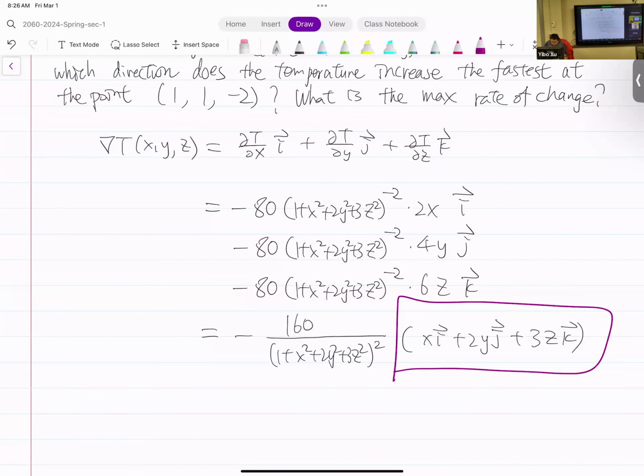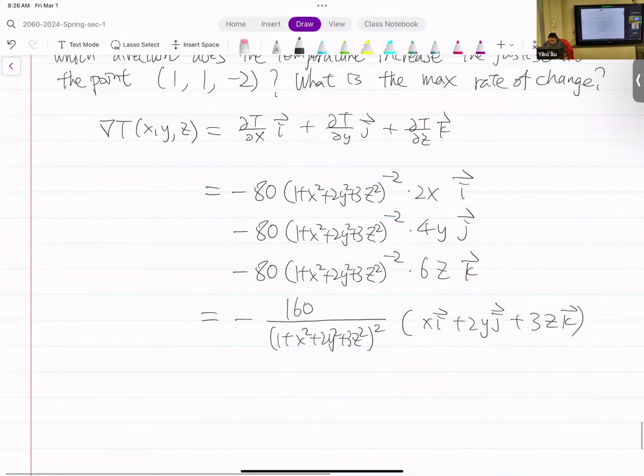But you also need to be careful. Here we have a negative scalar in the front, so you definitely want to consider both of these. So let's just plug in the numbers. Here, we are looking at the gradient of the function at the point 1, 1, negative 2.